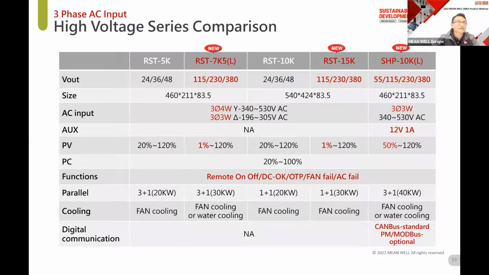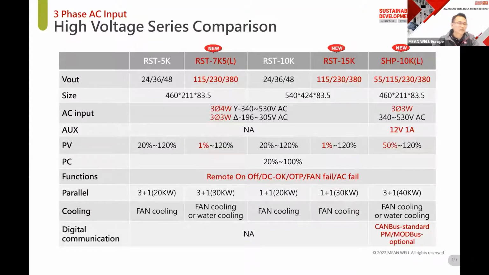This is the 3-phase high power model comparison table for reference. For low output voltage requirements, for example 24, 36, or 48 volt output, we have the RST 5K and 10K models. If the demand requires high power with a high output voltage, you can consider RST 7K5, RST 15K, and SHP 10K.